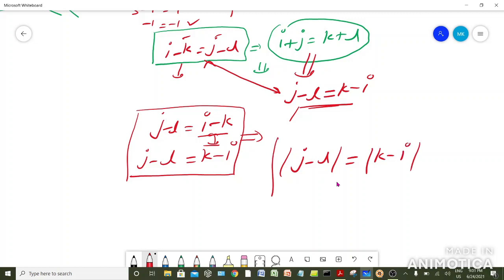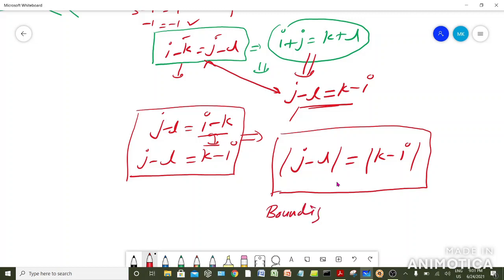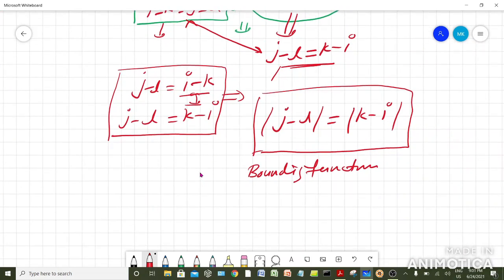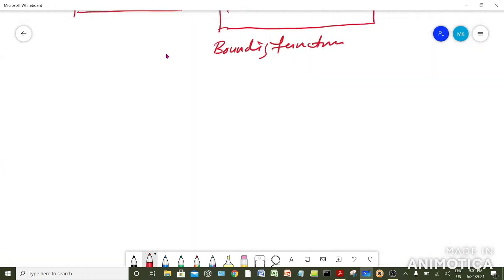So this is going to be our final expression for our boundary condition. This is going to be our bounding function: a function that satisfies all the implicit constraints.